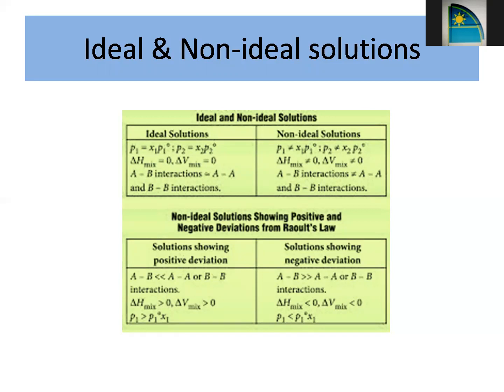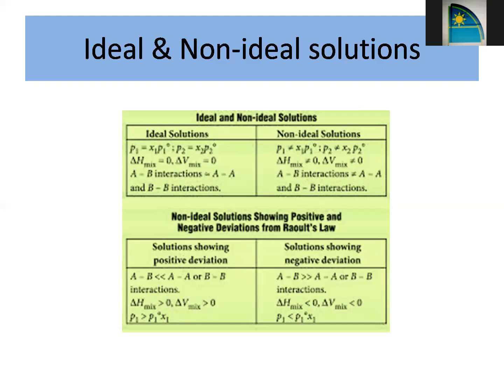But in an actual scenario, there are two types of non-ideal solutions: solutions which show positive deviation and solutions which show negative deviation. Positive deviation is shown by a solution for which the solute-solute interaction or the solvent-solvent interaction is more than the solute-solvent interaction.